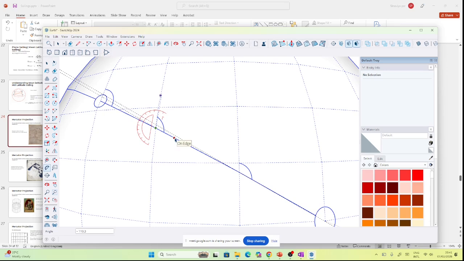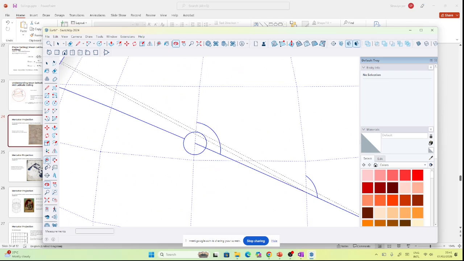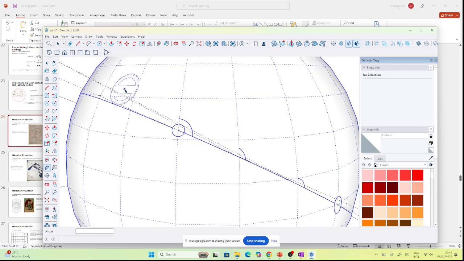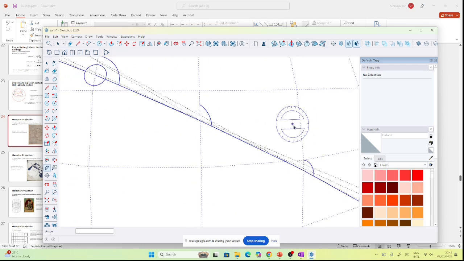Can you see, guys? If we go here and let's try to measure it, it is 110 degrees, but since it is so close by, it will give you the same value, right? Try to measure it again. So 116 degrees this one.